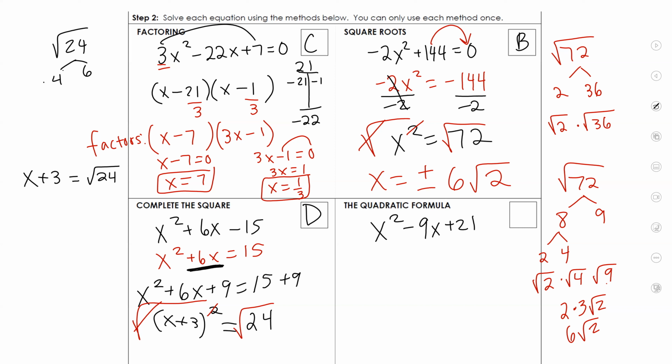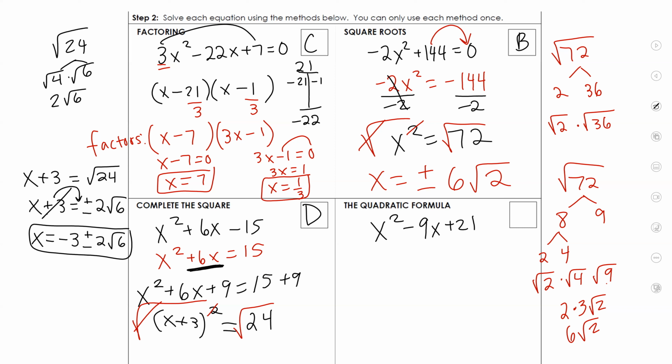What's the square root of 4? So this will be just 2 square root of 6. Okay, so my answer is x plus 3 equals plus or minus 2 square root of 6. And then just move this 3 to the other side, make it negative. So your answer is x equals negative 3, plus or minus 2 square root of 6. So we got two answers, and it's irrational.